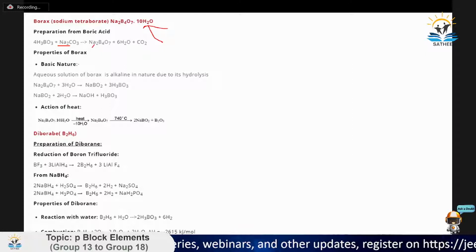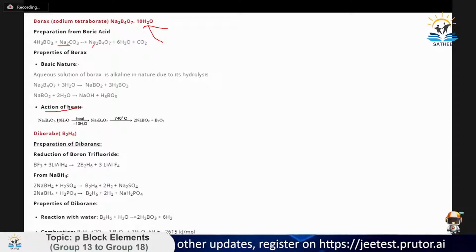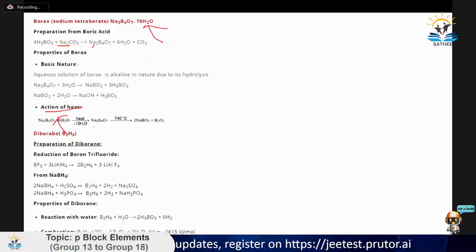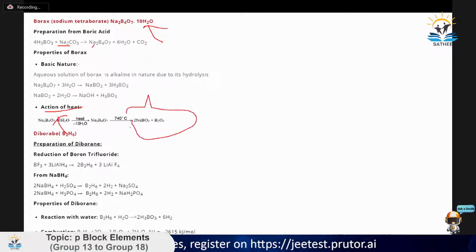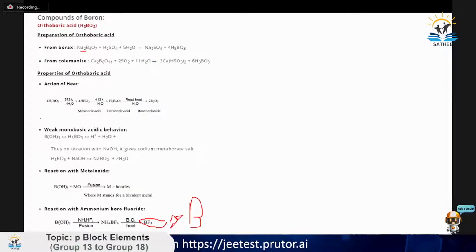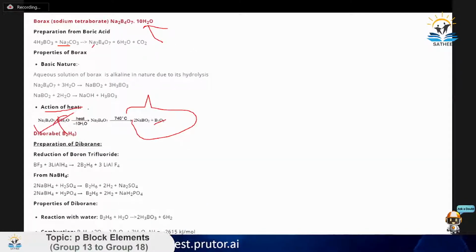There are a few important properties of borax. Firstly, let's talk about the easier one, the heating one. You heat it, the water goes, and again you heat it and it breaks down and gives you B2O3. So there are two methods of getting B2O3, one using H3BO3 and one using this particular method.